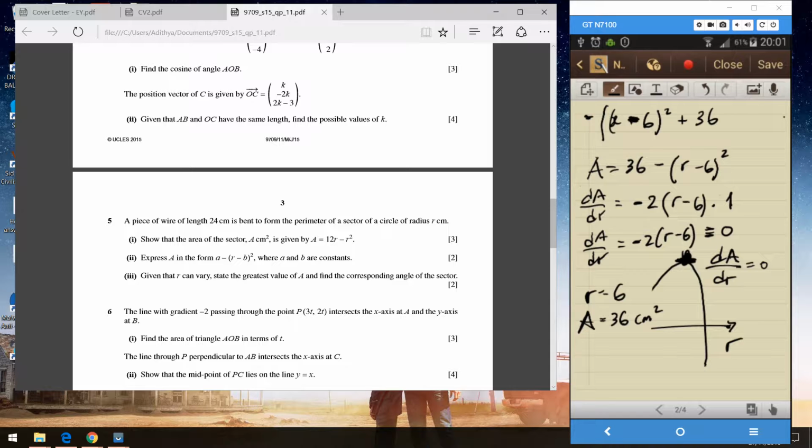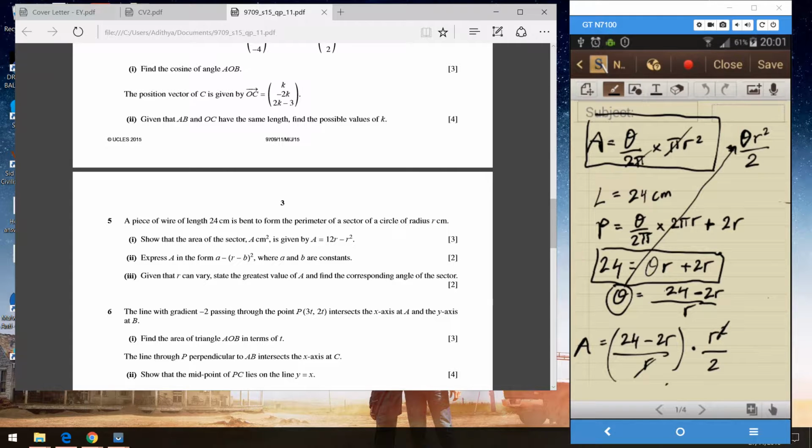Now they ask to find the corresponding angle of the sector. That goes back to the original equation, the more tidy one right here. This is the equation we're looking for.